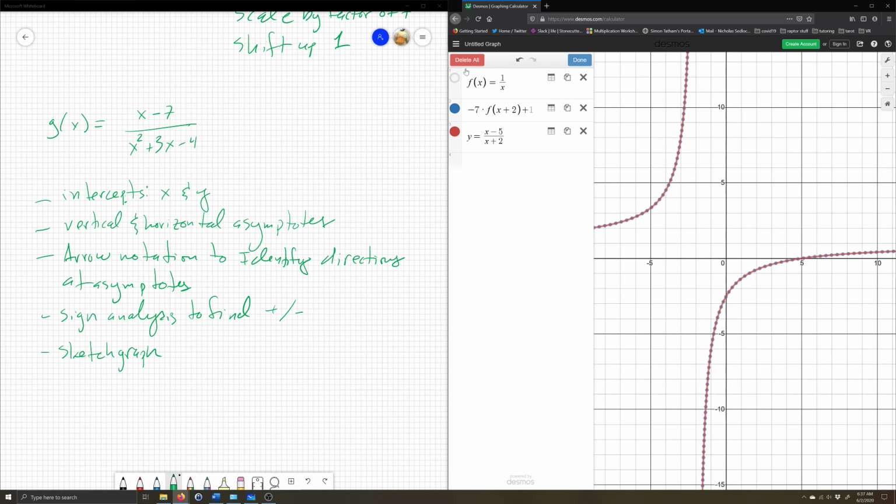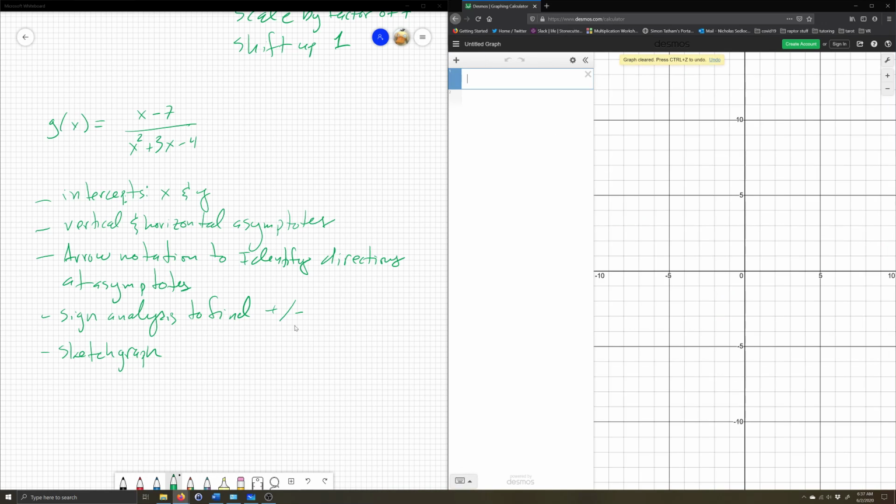So I'm going to delete all of this, and I'm going to write y equals fraction x over 2. So I can turn this off so then I can reveal at the end that I managed to actually sketch something that sort of looks like the right graph.